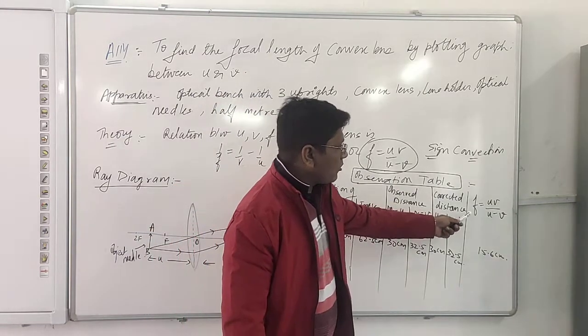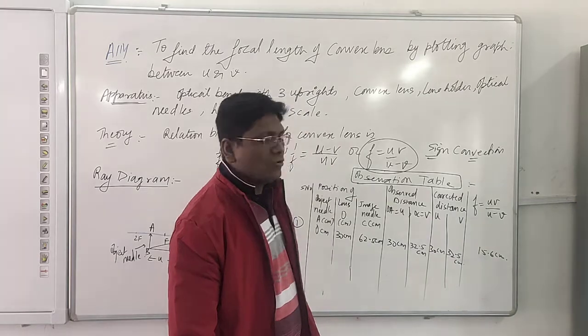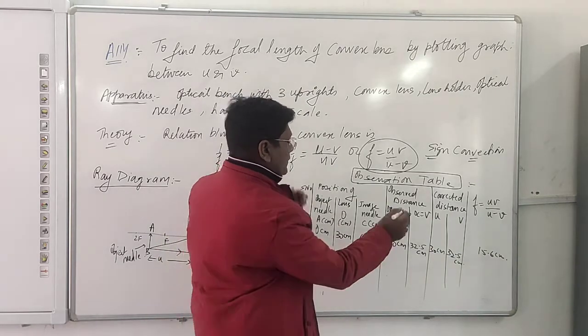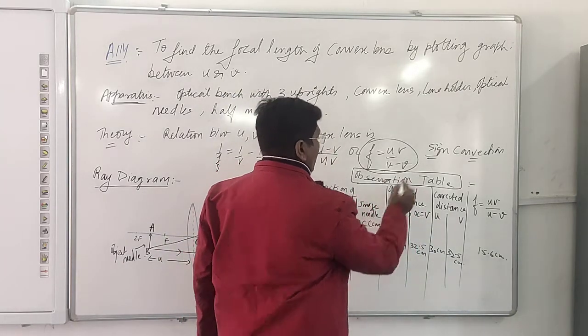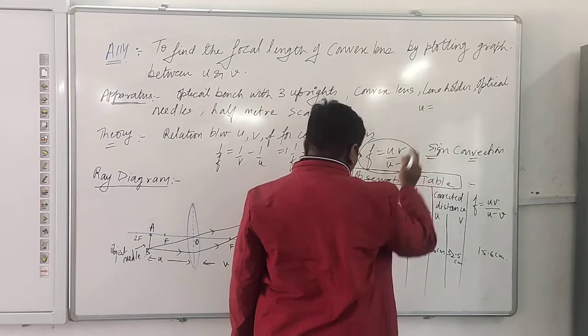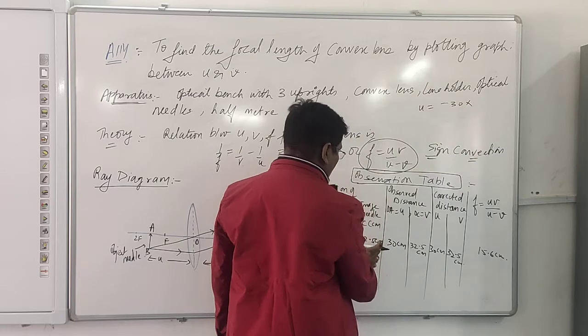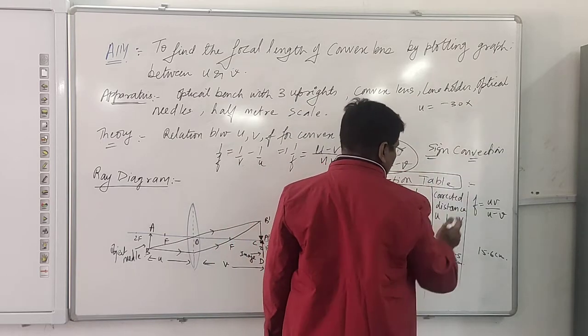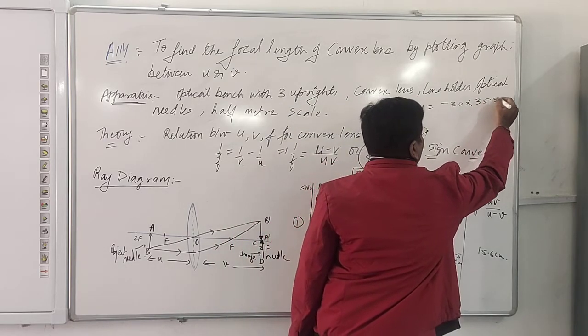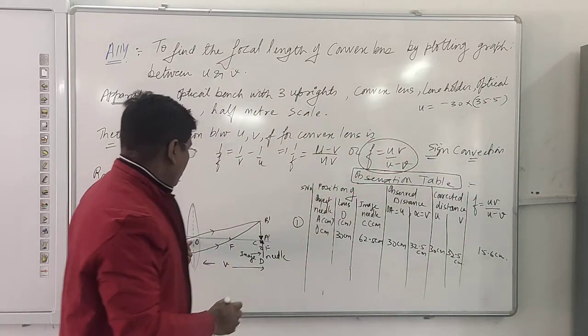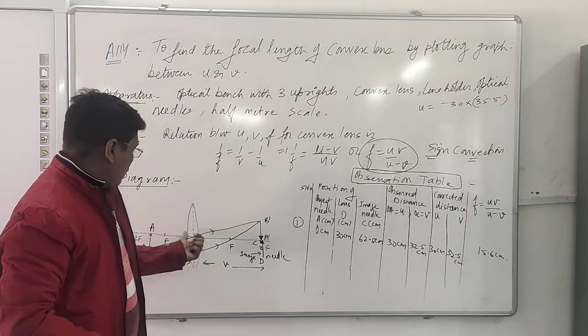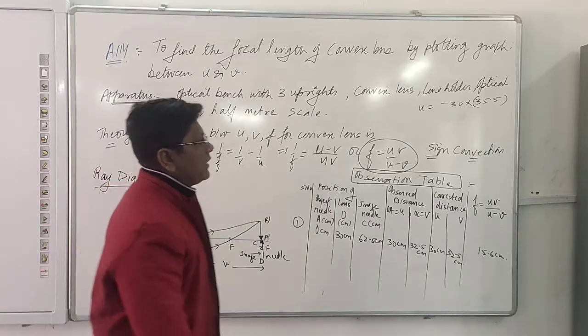So if I apply the formula now, F is UV upon U minus V. You have to use U as minus 30, dear students, times V, and V is 32.5, in plus. Why do I use V plus? Because V is formed on the right hand side and U, the object distance, is on the left hand side, so that is why.